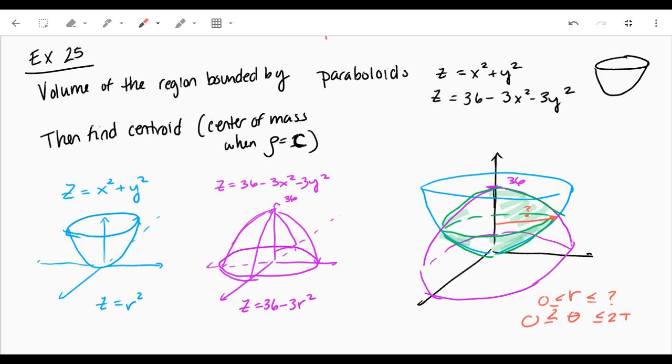Then z is between the lower one and the upper one. If we connect our roof to our floor, the lower one is that blue parabola that opens up, and the upper one is that purple parabola that opens down.